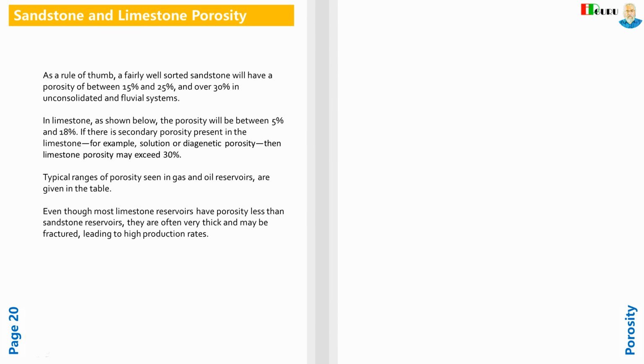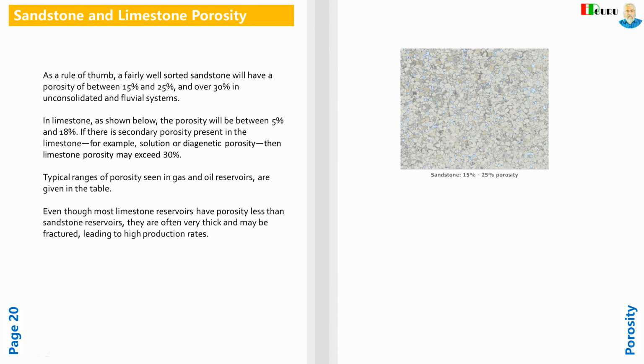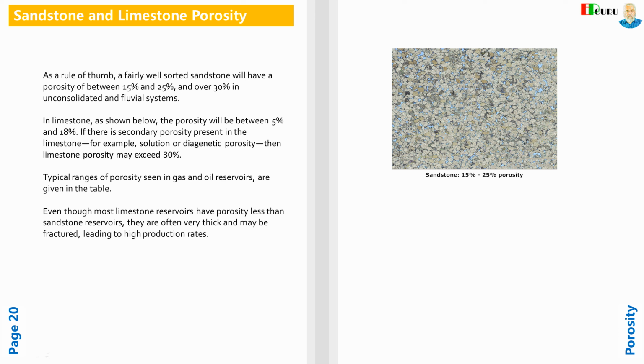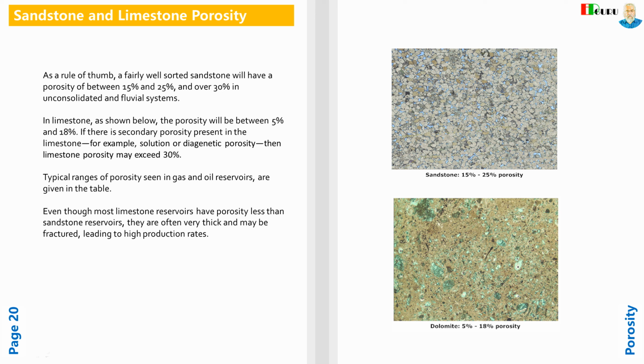As a rule of thumb, a fairly well-sorted sandstone will have a porosity of between 15% and 25%, and over 30% in unconsolidated and fluvial systems. In limestone, as shown below, the porosity will be between 5% and 18%.